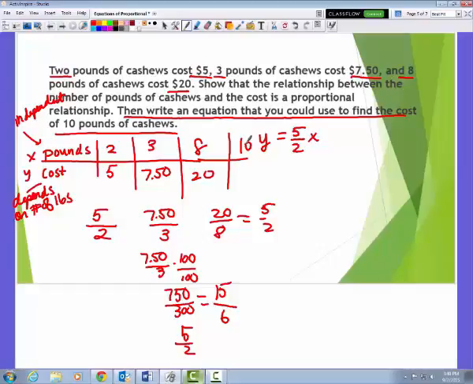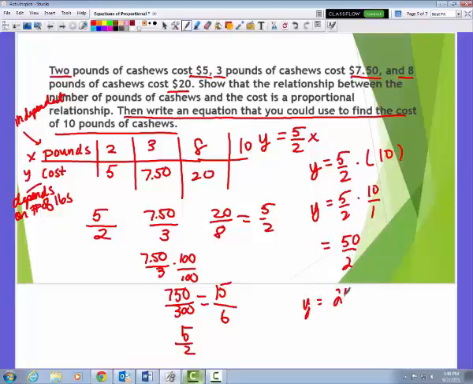So y equals 5 halves times 10, or y equals 5 halves times 10 over 1, which equals 50 over 2, which equals $25 for 10 pounds of cashews.